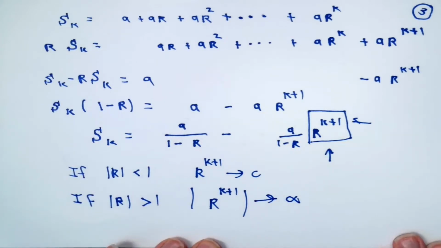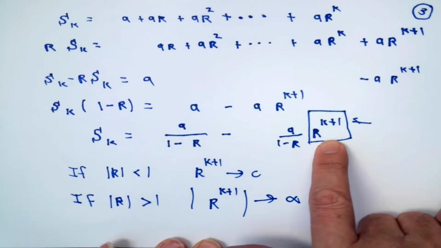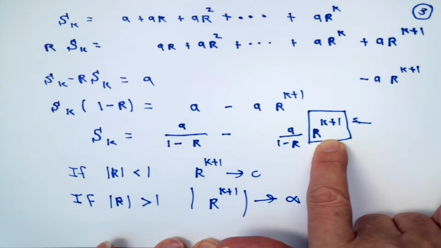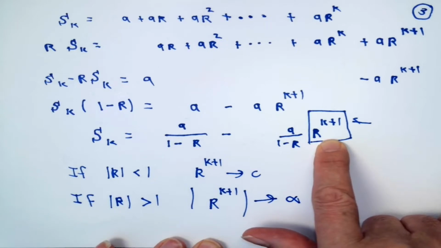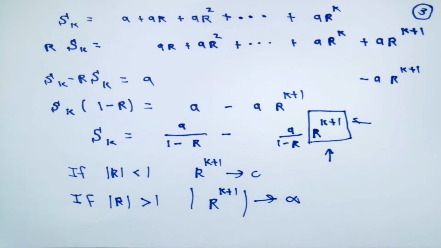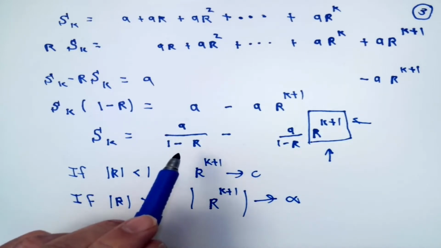If r has absolute value bigger than 1, then the magnitude of r to the k plus 1 blows up on me, and I get divergence. Except for the case where r is exactly equal to 1, we now know when a geometric series is going to converge, and if it does converge, we know what it converges to.